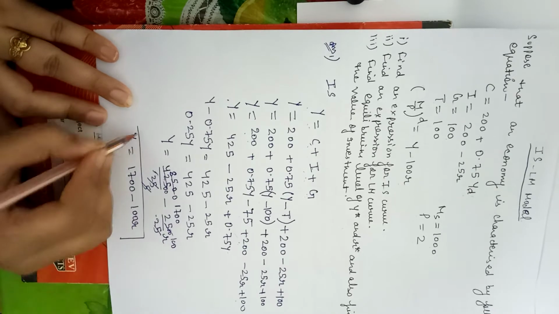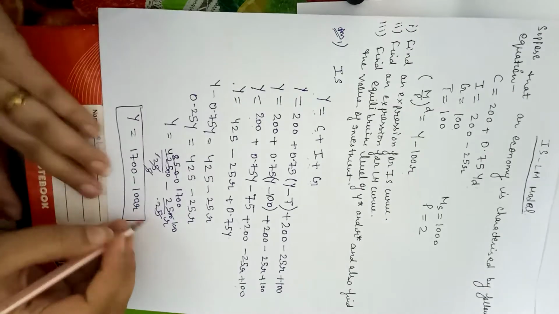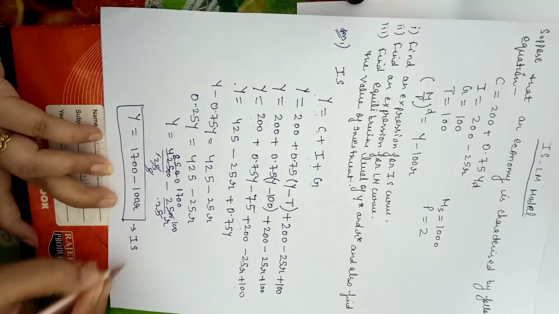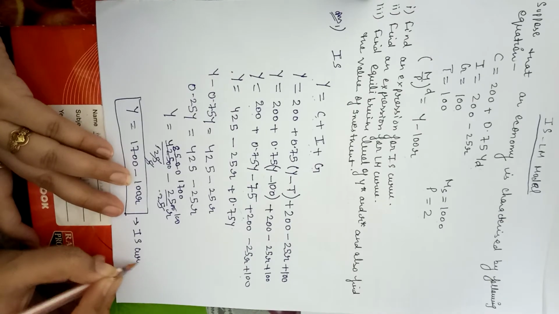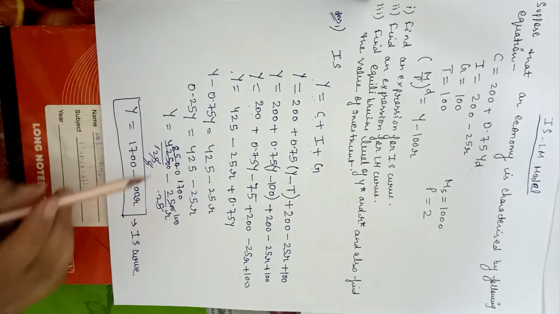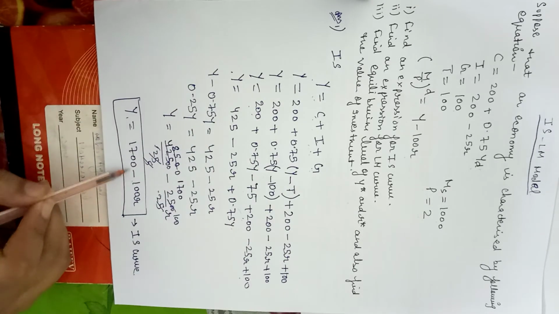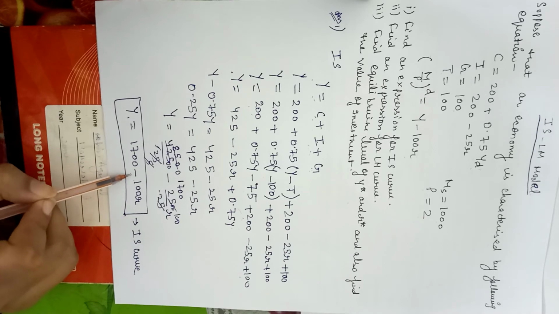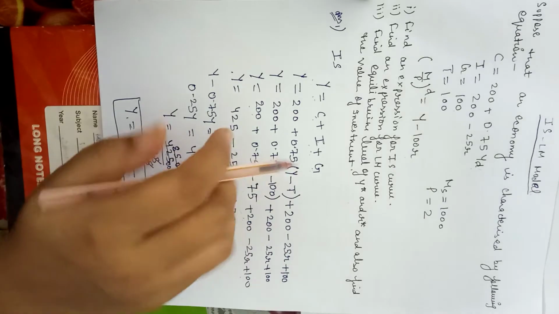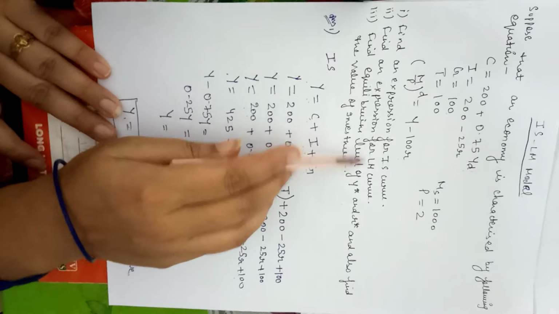So this equation we will get, and this is our IS curve. We know that the IS curve is inversely related to the output level, so that is why we have a minus here. Now we will find an expression for the LM curve.